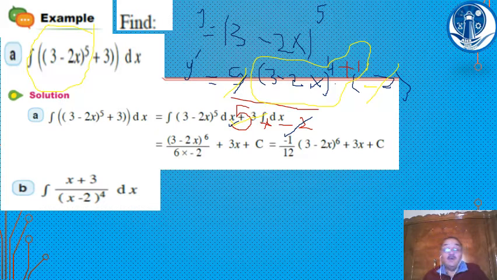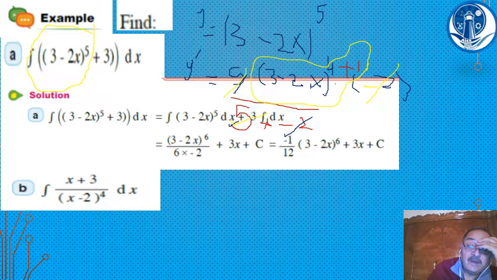Then in that one we have to make the two functions the same, or if the numerator is the derivative of the denominator, we have a rule about that later. But we have to change 3x to be in terms of x minus 2, power 4. Okay, what do you think?